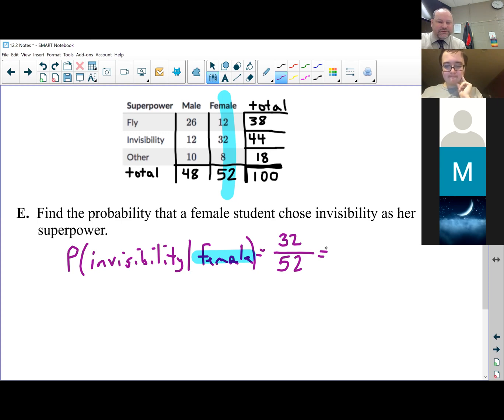You can divide it by 2. I can divide both of them by 2. Shane, you can divide by 2 again to get 8 over 13. There you go.